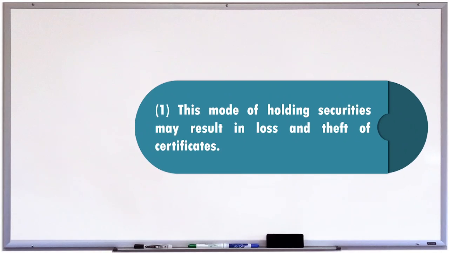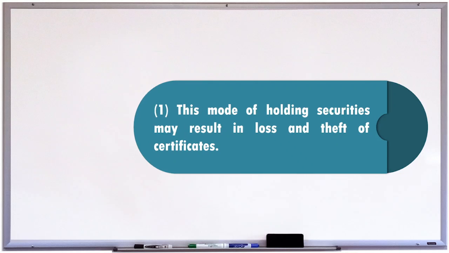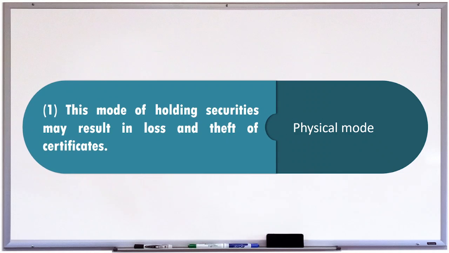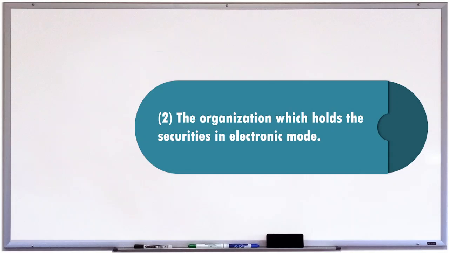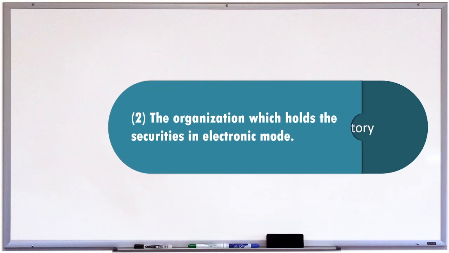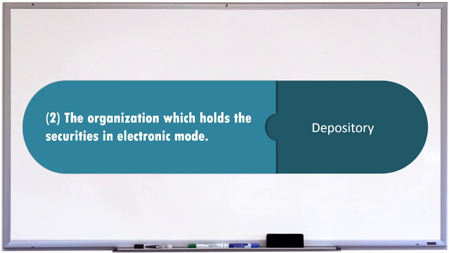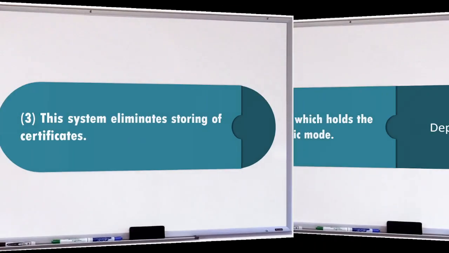1. This mode of holding securities may result in loss and theft of certificates. And the answer is physical mode. 2. The organization which holds the securities in electronic mode. And the answer is depository. 3.